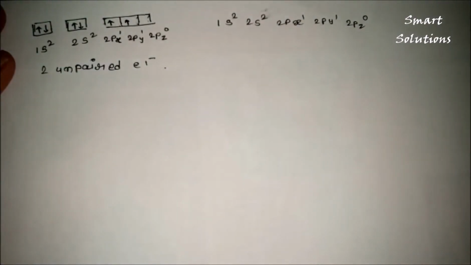To explain this fact, one 2s electron of the carbon atom is uncoupled and promoted to the vacant 2pz orbital of the same atom.